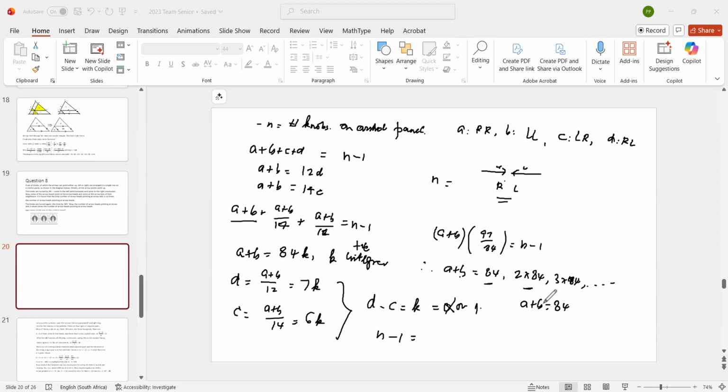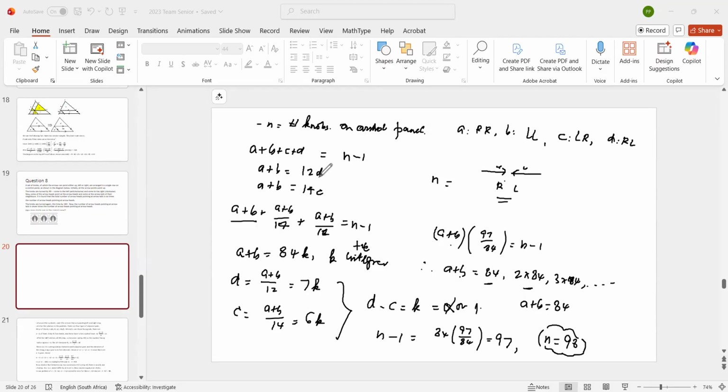Okay, and if a plus b is 84, then it means that n minus 1, a plus b is 84. So it's 84 into 97 over 84. And 97, n minus 1 is 97. So n is 98. A very unexpected answer. N is 98. All right.